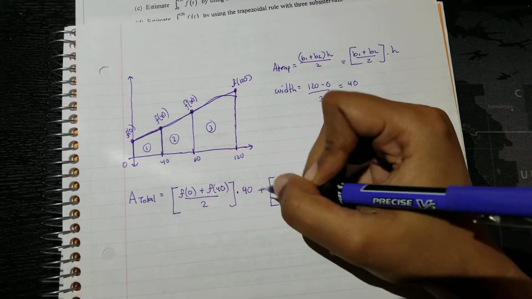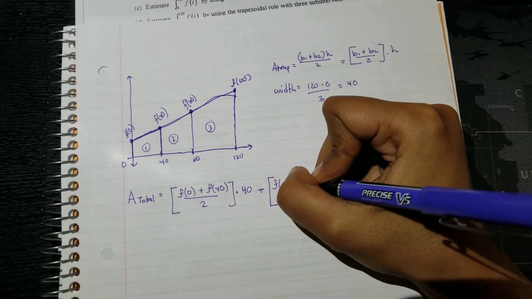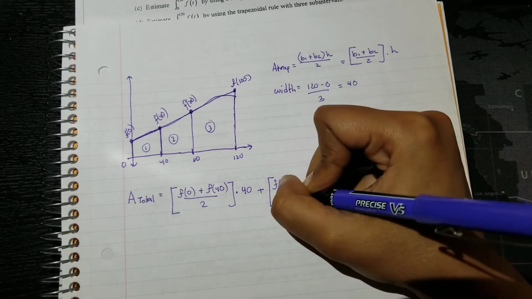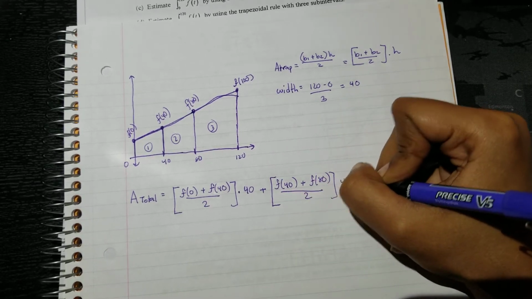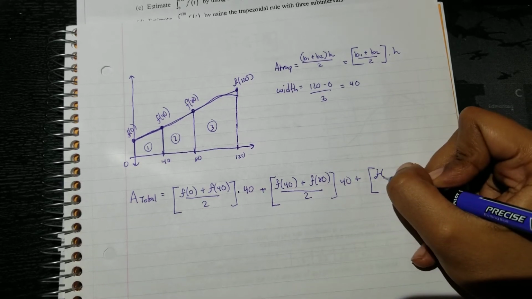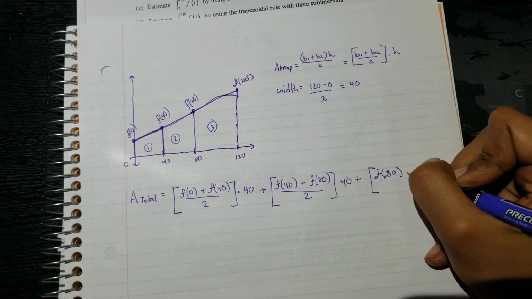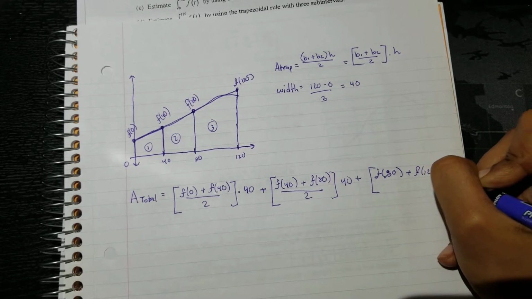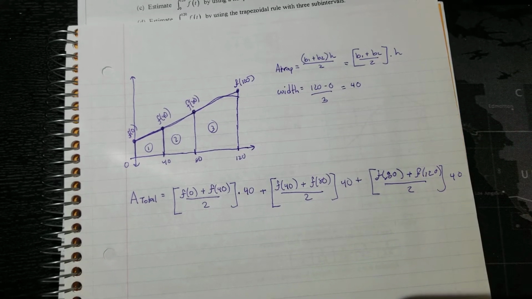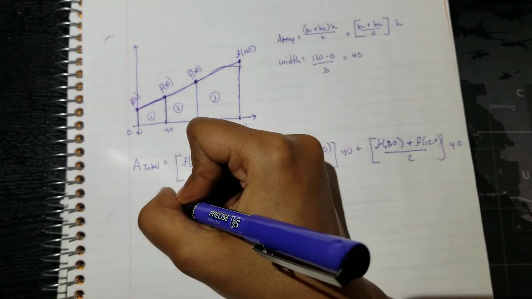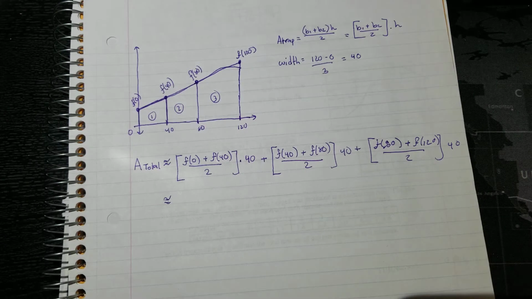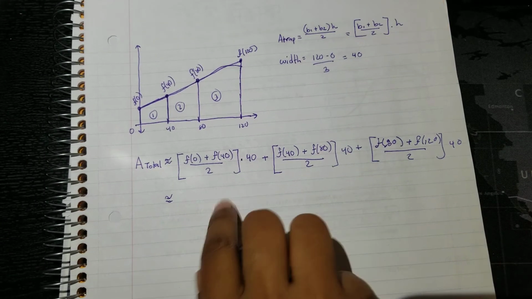So my next trapezoid is f of 40 plus f of 80 over 2 times the height, plus then it's going to be f of 80 plus f of 120 divided by 2 times the height of 40. Okay, and then you plug in your values.